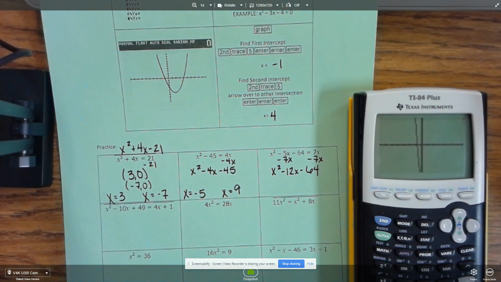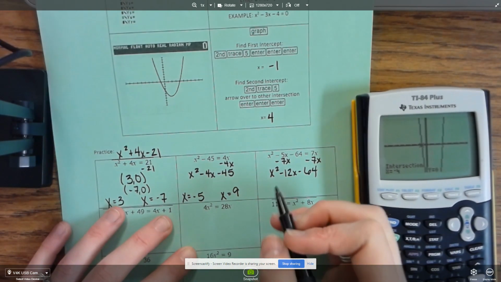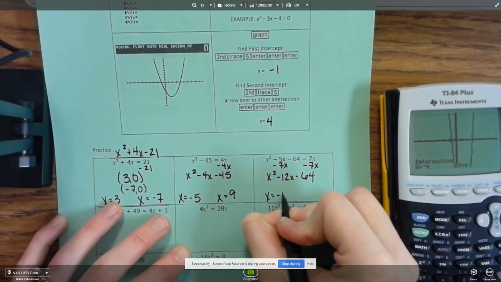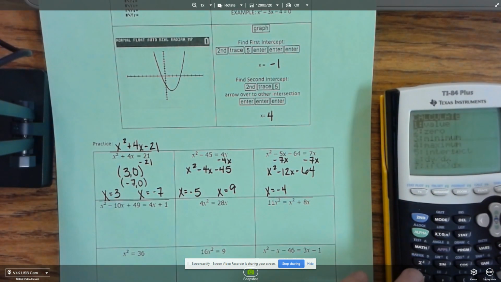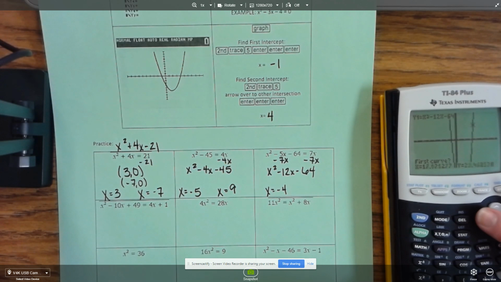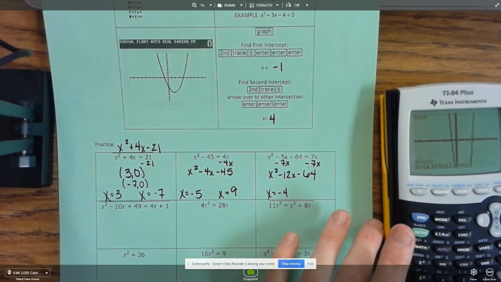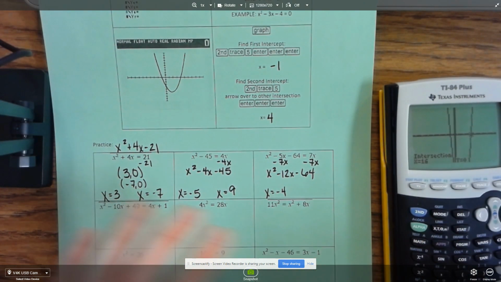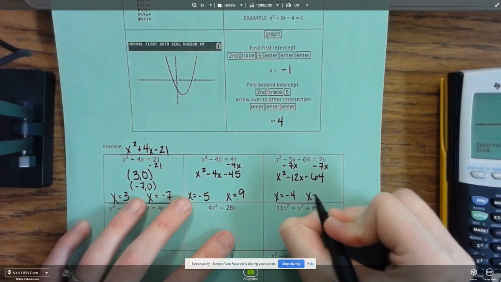Hopefully I can see both intersections. So now I can see both intersections. So second trace 5. So I've got one intersection where x equals -4. And move your cursor over. And then enter, enter, enter. And I've got one where x equals 16.